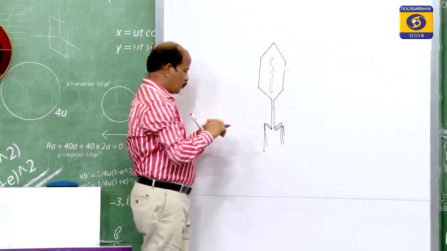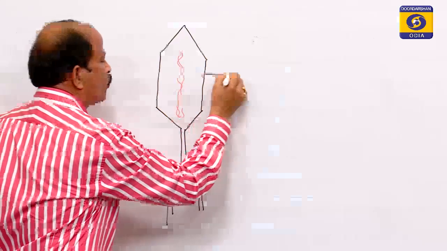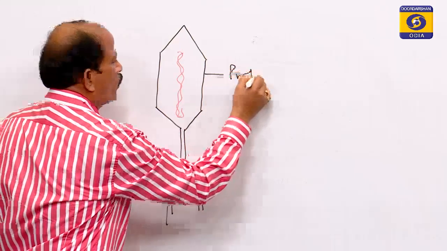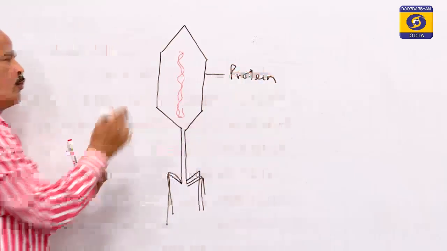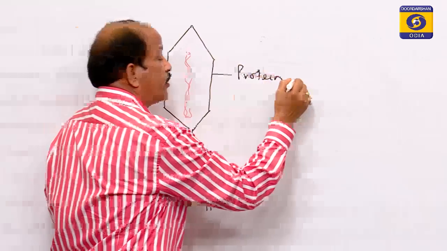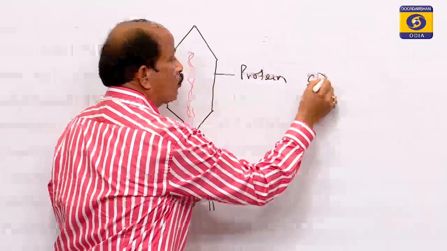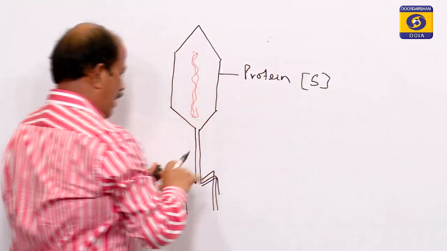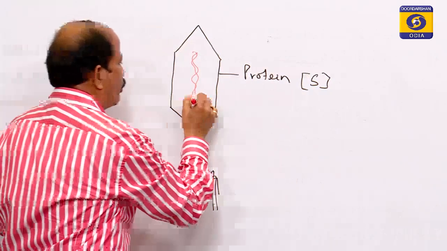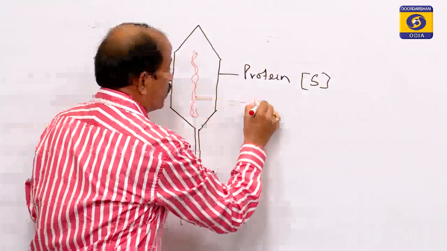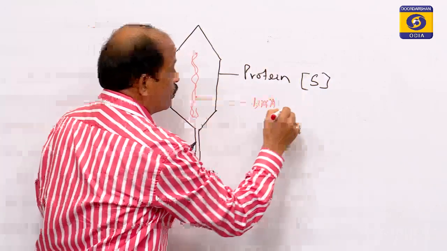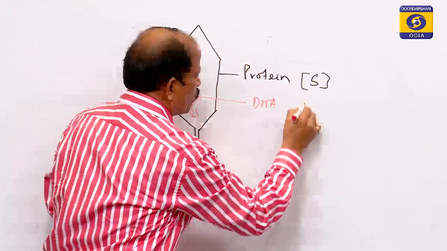Now, this is protein, and when the chemical composition of protein was studied, it was found that protein contains a unique element, that is sulfur. So, sulfur is unique to protein, and DNA, the nucleic acid, contains a unique element, that is phosphorus.